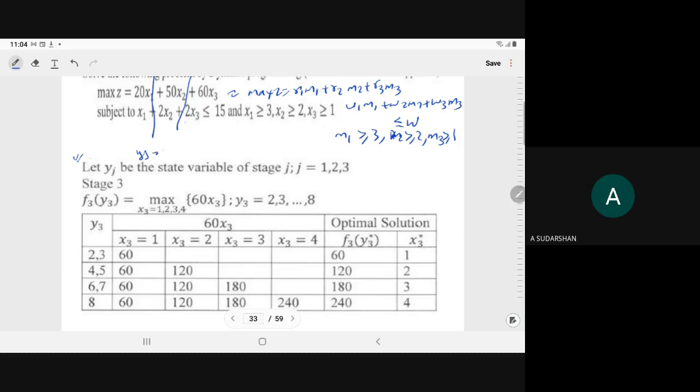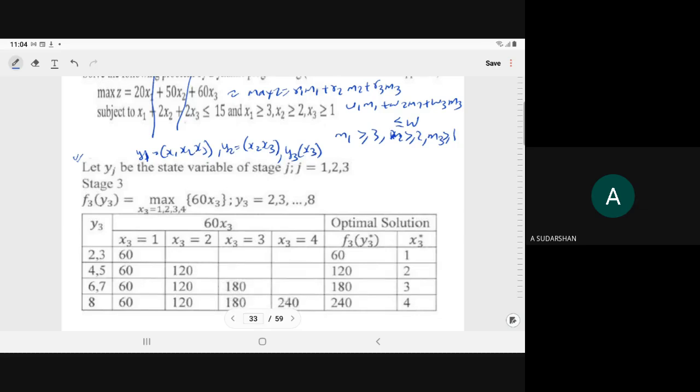Y1 represents whatever you are allocating for x1, x2, x3. Y2 represents whatever you are allocating for stage 2 and stage 3, and Y3 represents whatever you are allocating for stage 3. So the state variable is the variable which combines all the stages.